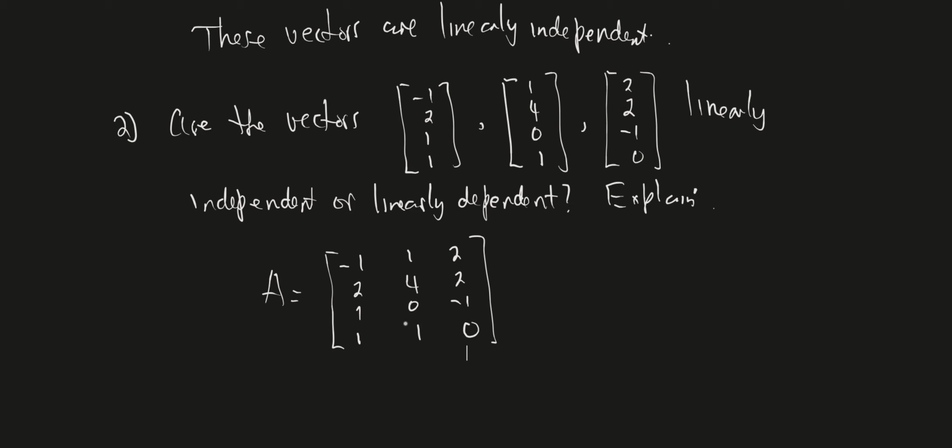So what we would have to do is try to reduce this and see how many pivots we are going to end up with. Are we going to end up with a pivot in every column? If that's the case, then the nullity would be 0, and then these vectors would be linearly independent. But if we end up with a nullity that's 1 or bigger, then the vectors will be linearly dependent.